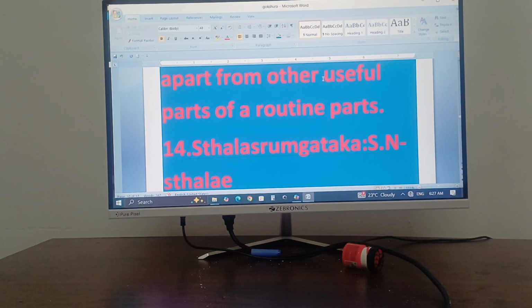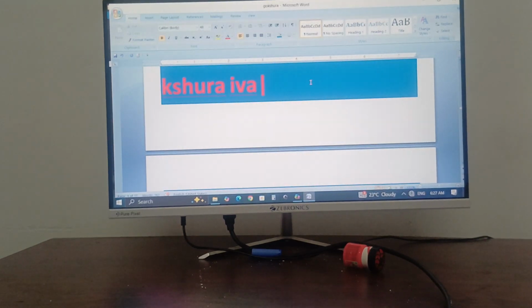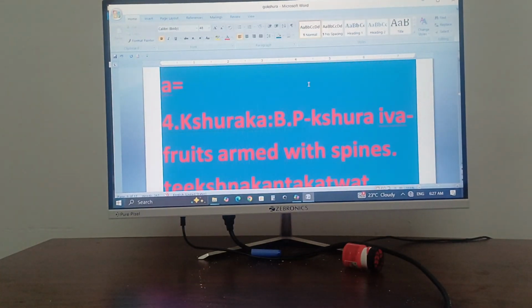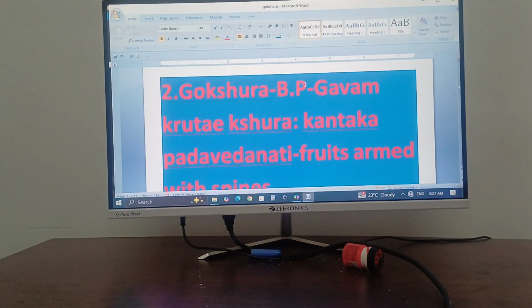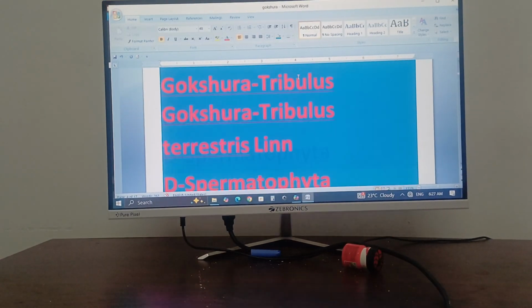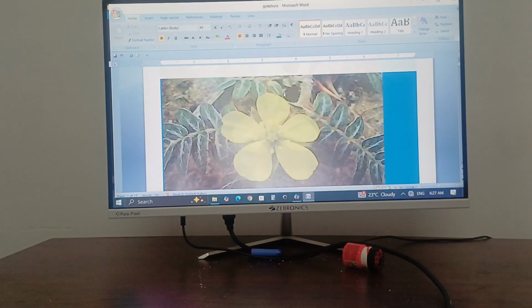I am Dr. Simha. Thank you for sparing your valuable time for identification of Gokshura. Now you can see the Gokshura. I think many people can identify Gokshura. Is it not? You see how now you can see Gokshura. This is the stem and leaves. Very, very easily you can identify the Gokshura.